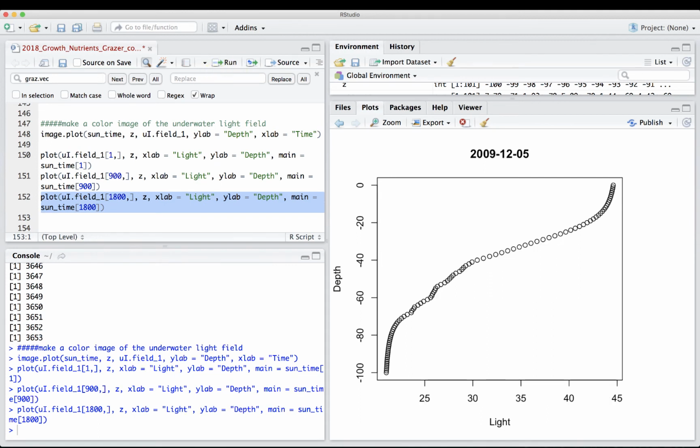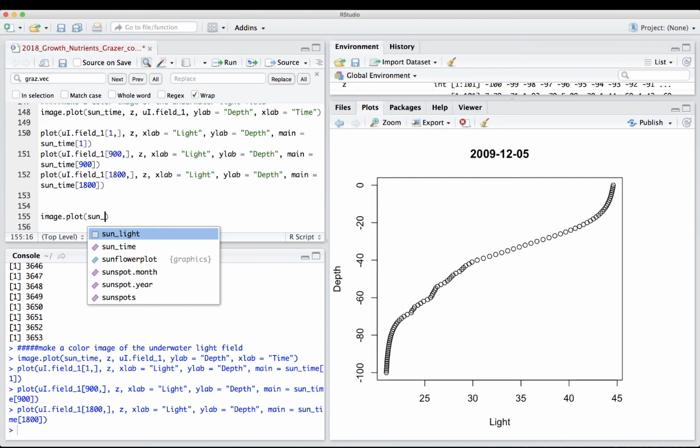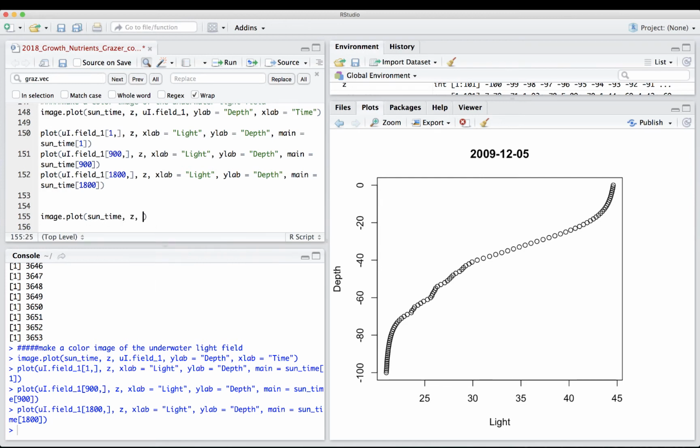Yeah, pretty interesting. Okay, so we can also come in here, image.plot of sun time, z, and the cell field.